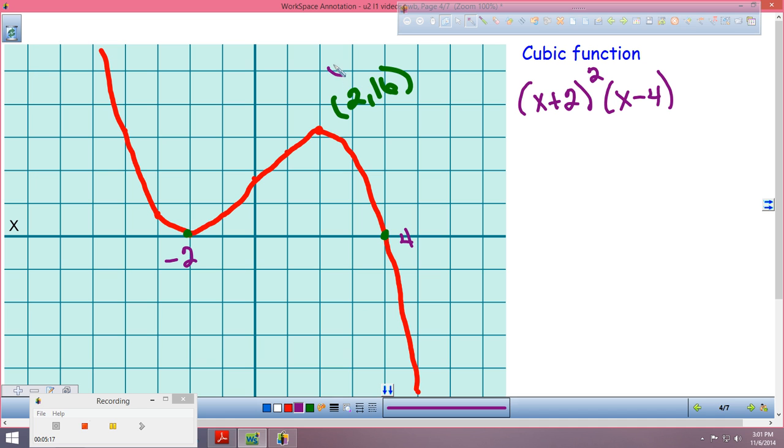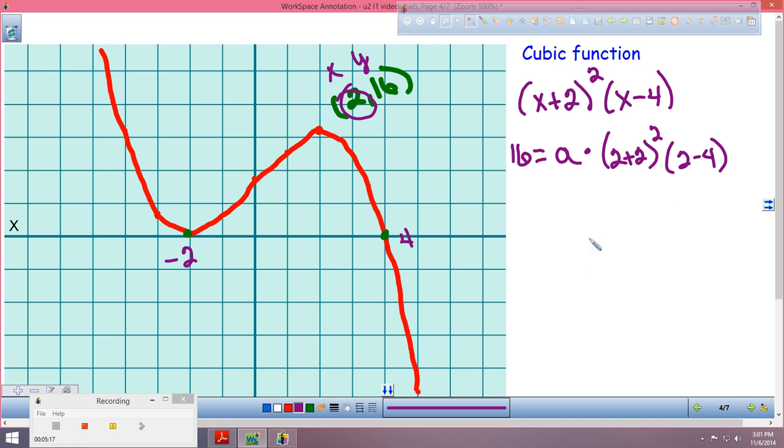So there's my x value and there's my y value. So I'm going to have 16 equals a, my lead coefficient that we're trying to find, times everywhere there's an x, I'm going to put this 2 right here. So 2 plus 2 squared times 2 minus 4.